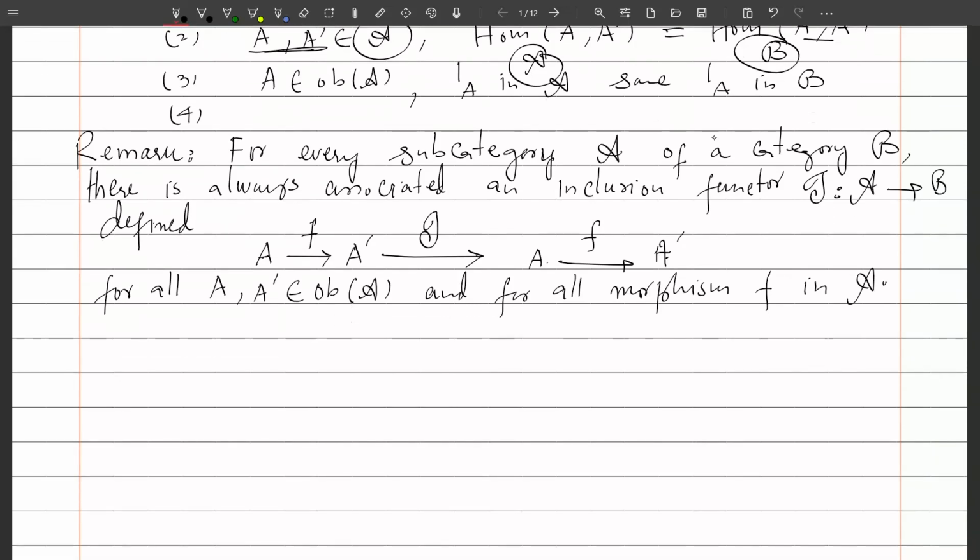Not only that, such a functor is an embedding. First of all, it is an embedding, where an embedding is a functor which is injective on morphisms.